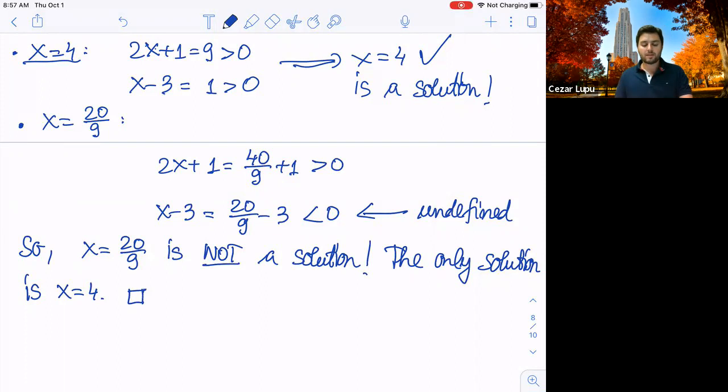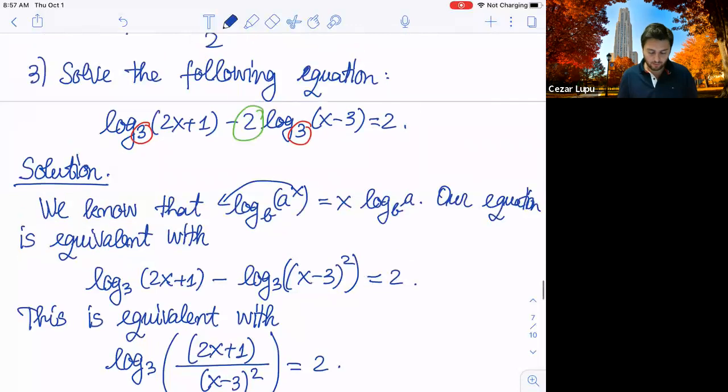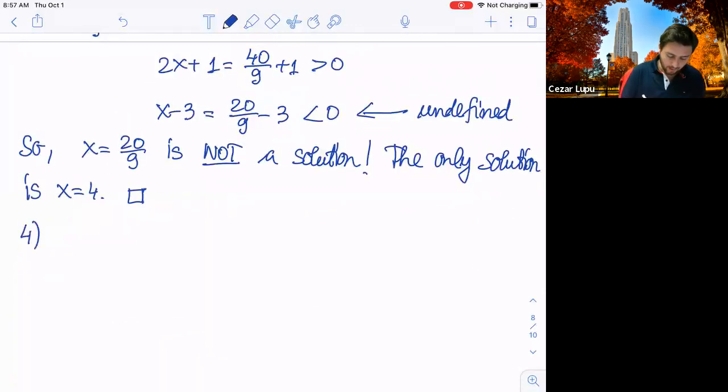All right, now let's see some other problems that we like to solve, and probably we'll stop here afterwards. So this was 3, now 4. Solve the following equations.